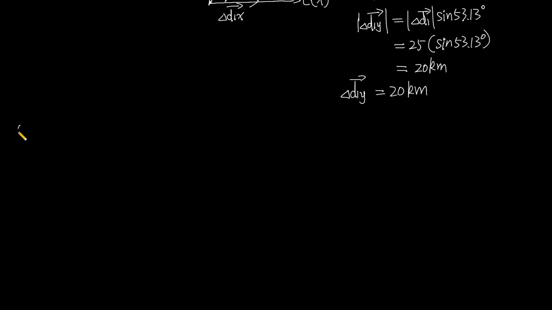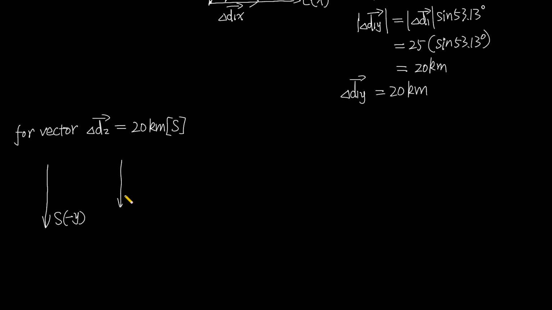Then, for vector delta D2, this vector is 20 kilometers direction south. I draw the graph. So this direction is the south, also negative y direction. And this is vector delta d2.